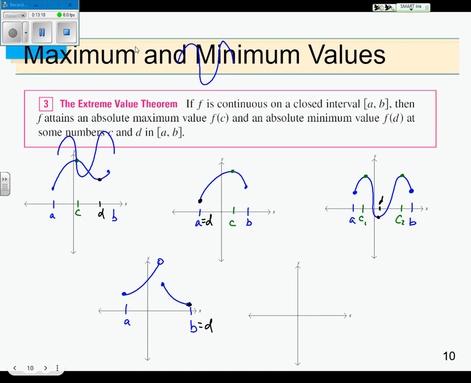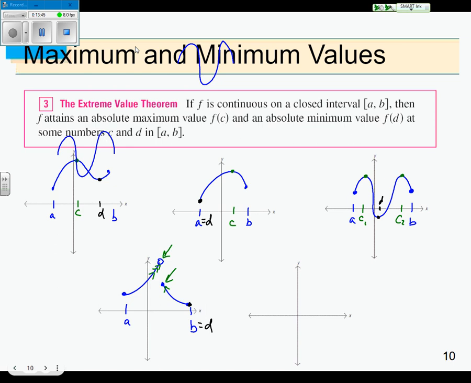So that's going to be my min value, my D. But the max value, problem is the max is going up, up, up, and then all of a sudden it comes back down. Which one's going to be the max value? Am I going to look at this one? Am I going to look here? The answer is this one does not have a max value. So I need to get my calculus friends back on the phone. I need to let them know I just debunked the extreme value theorem.